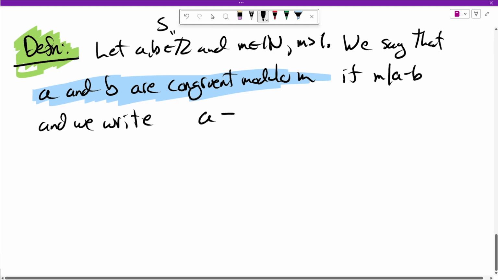You can write A is congruent to B modulo M.